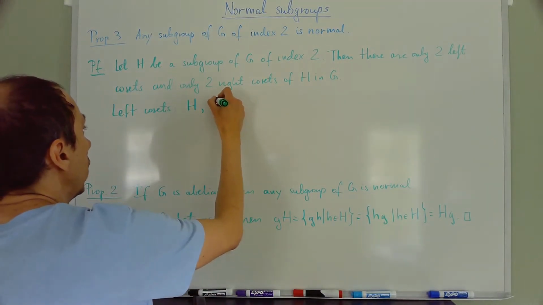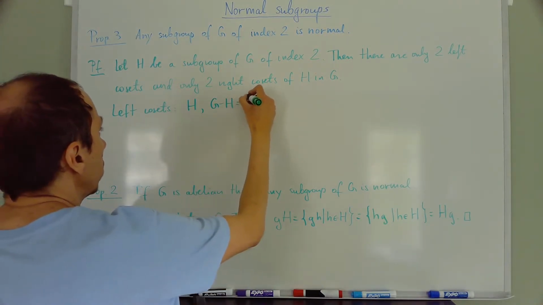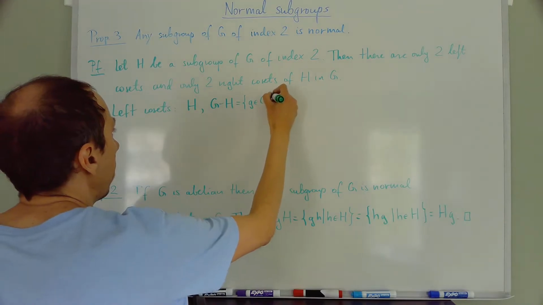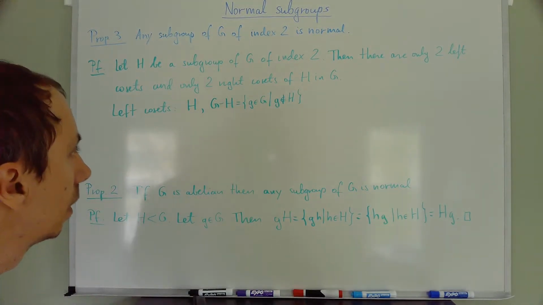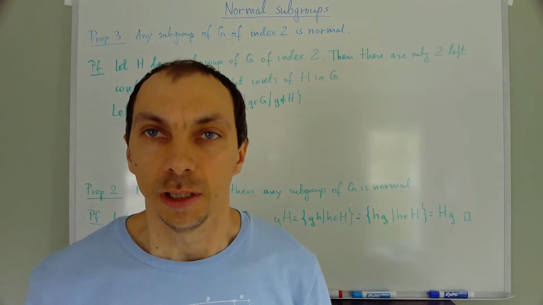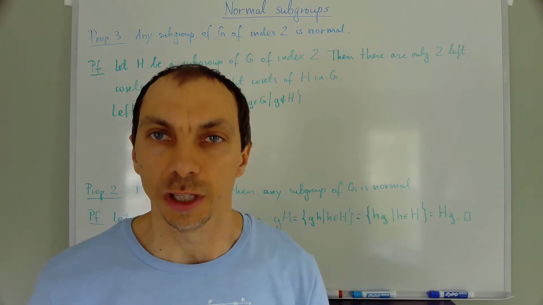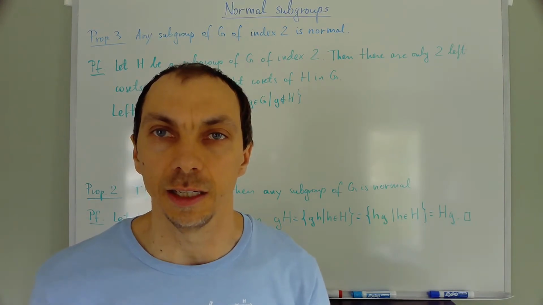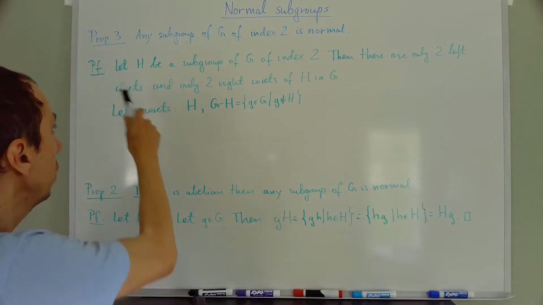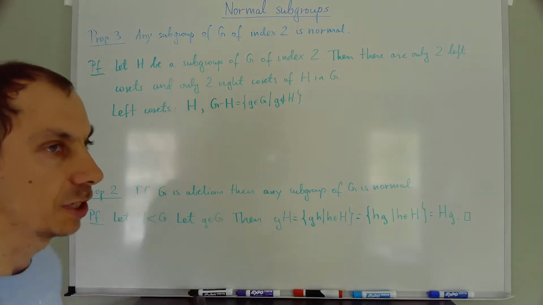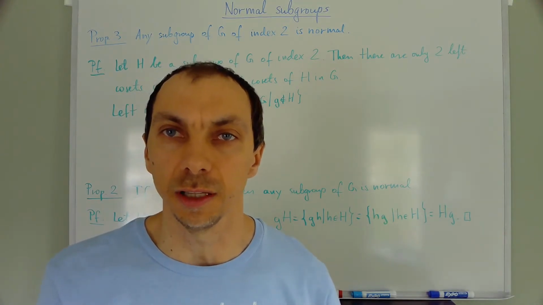I'm just going to write it like this, G minus H. By this I mean all the elements of G which aren't in H. Again, distinct cosets are disjoint, and the union gives you the entire group. So every element of G must be in one of the cosets. So it's either in H, which is one of the cosets, or it's in the other coset.